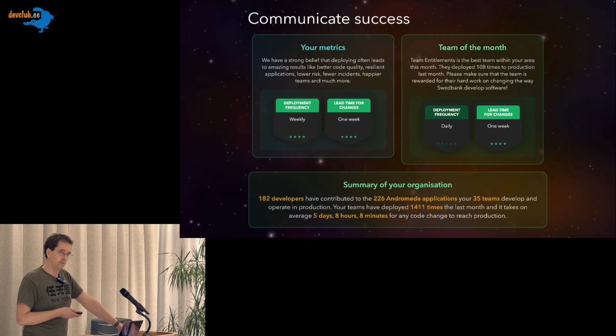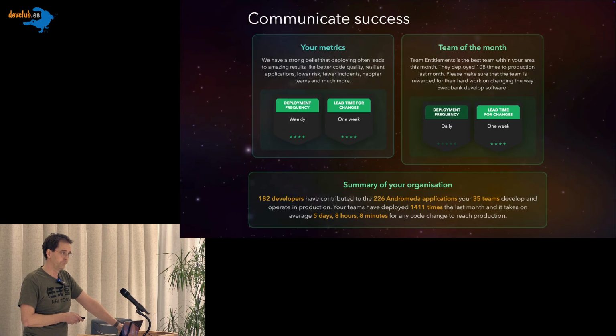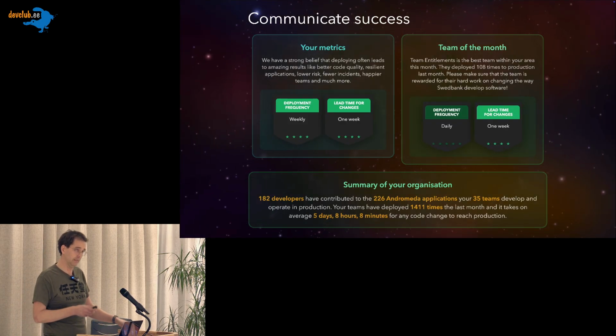And that, for me, is kind of unseen in Swedbank previously. And this is on average. So that means that we are continuously pushing out things all the time. And you can think about, do we actually have so many changes that we are doing? Yes.